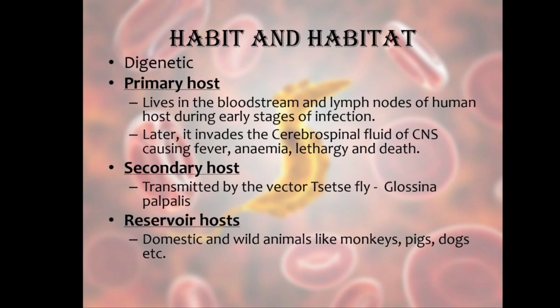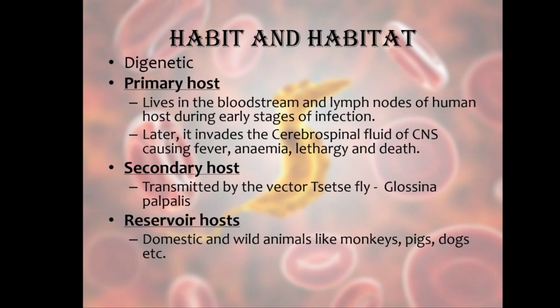The secondary host of the parasite is the tsetse fly, which is also its vector, responsible for transmission of the parasite from one infected human being to another healthy human being. The tsetse fly's scientific name is Glossina palpalis. The parasite also has reservoir hosts.